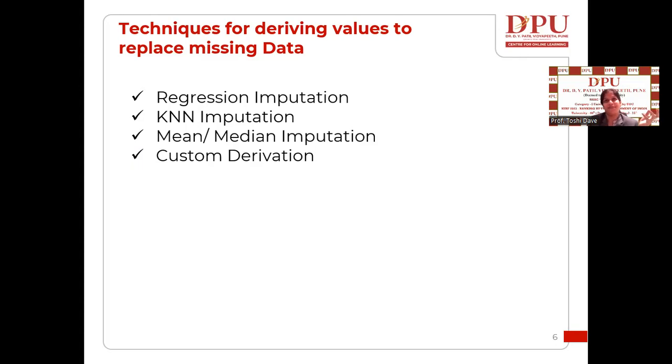Listen to me again. Based on the values of the independent variable, we try to put the value of the dependent variable, because that dependent variable has missing values. So based on the relationship of attributes, we try to identify it.